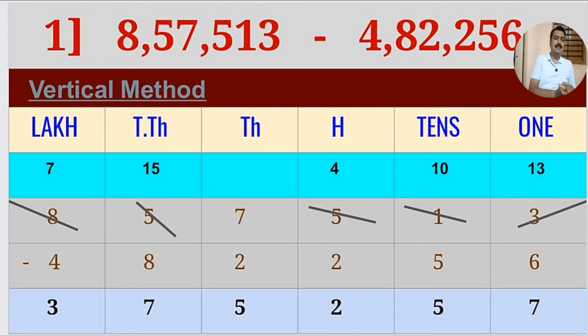Why? Because 6 is greater and 3 is smaller. We cannot subtract a bigger number from a smaller number. So to continue this subtraction, we borrow one from the 1, and at the ones place we get the number 13. From that 13 we subtract 6. The final answer we get is 7 in the ones column.